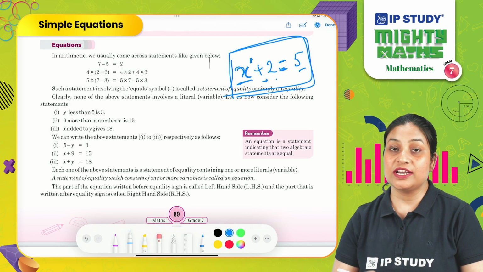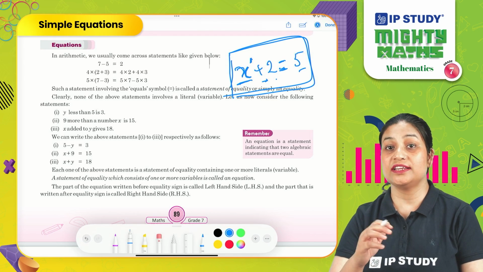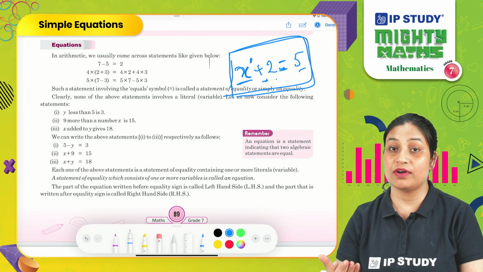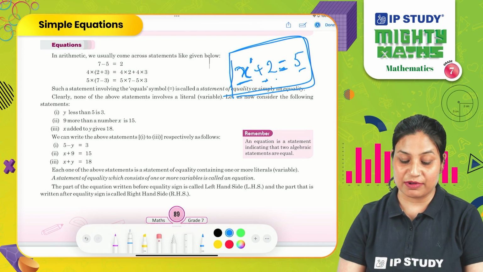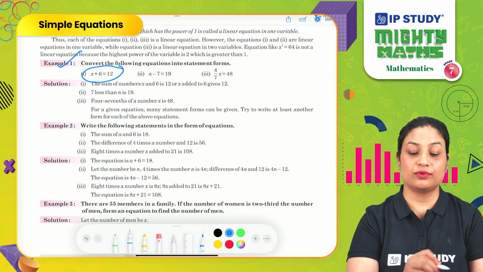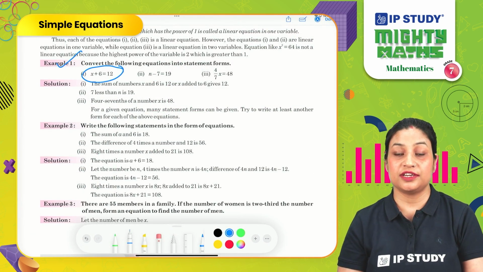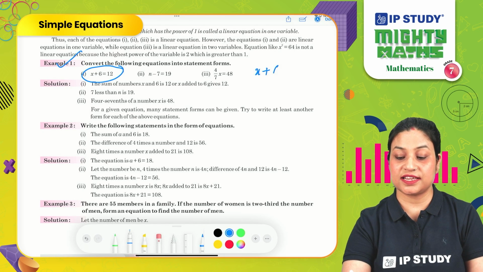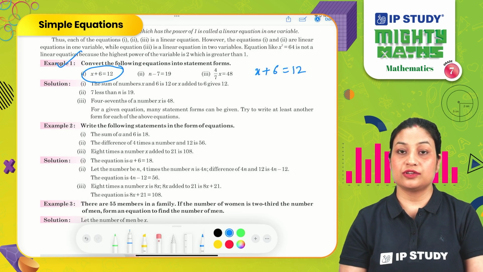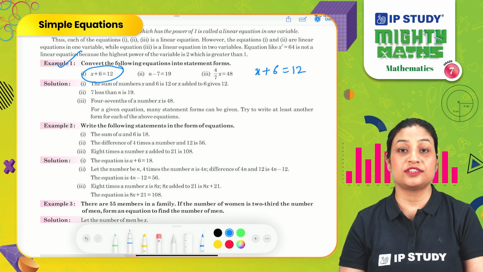So now let's see how to convert a linear equation into a statement or a statement into a linear equation. For that, let me take an example for you. Here we have to convert this equation into a statement. So x plus 6 is equals to 12, right? So what sign do we have over here?